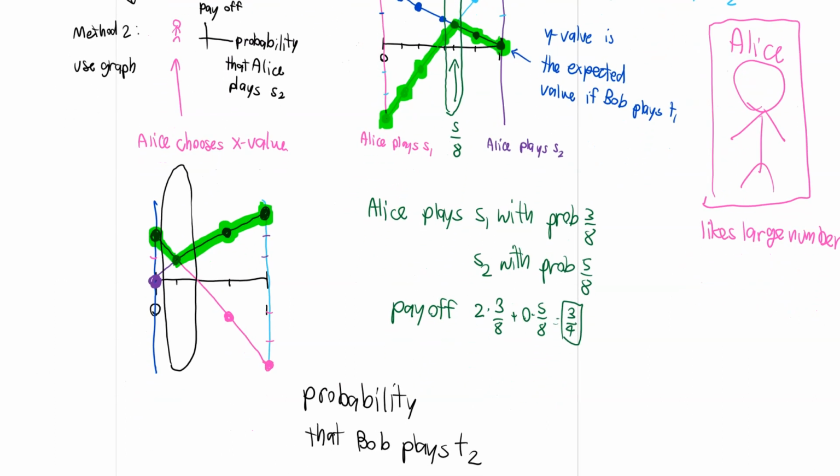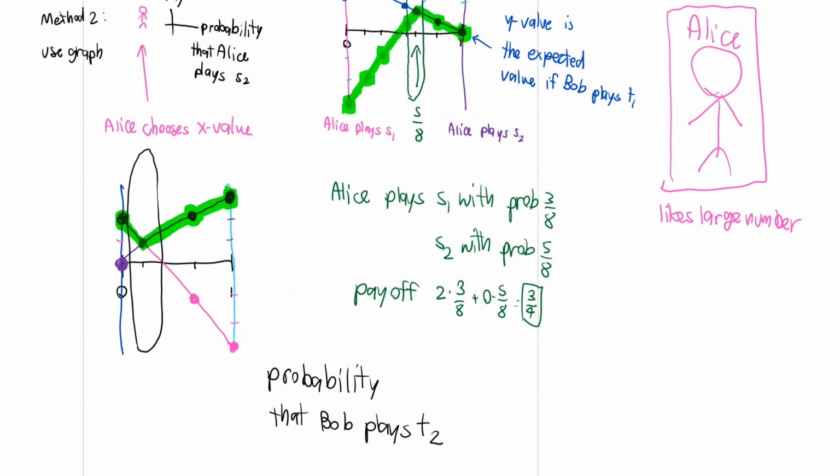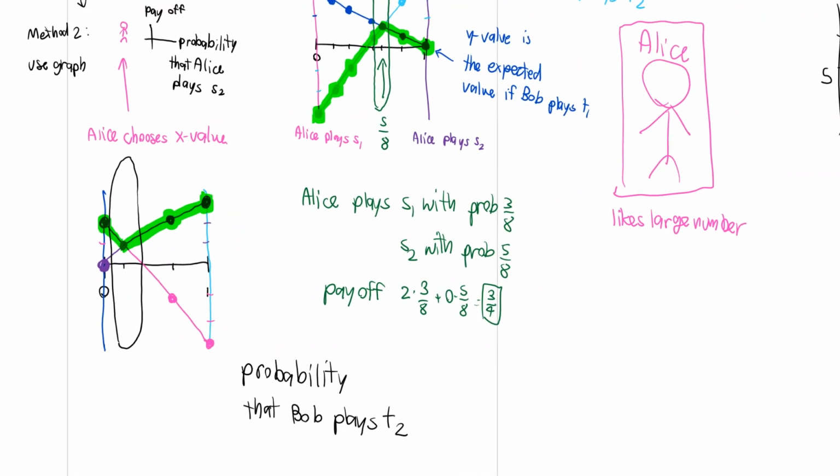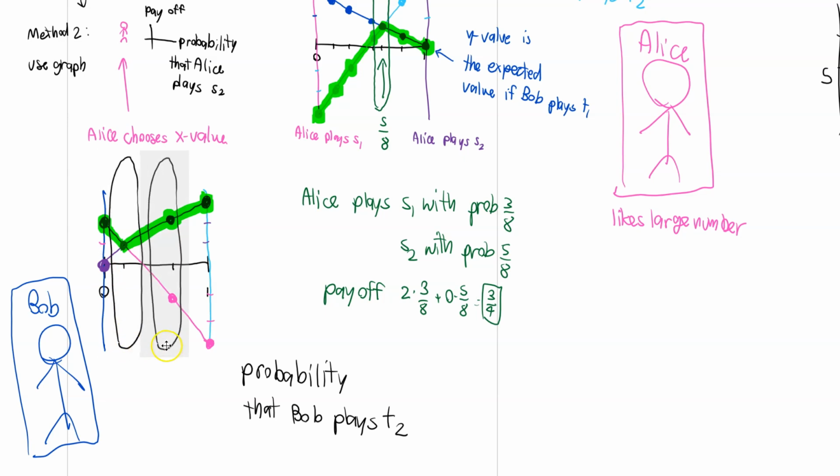And now, we're going to do the same analysis. If we put ourselves in Bob's shoes, look at this graph, and remember again that Bob prefers the smaller number. Wait, what did I draw? This circle thingy.